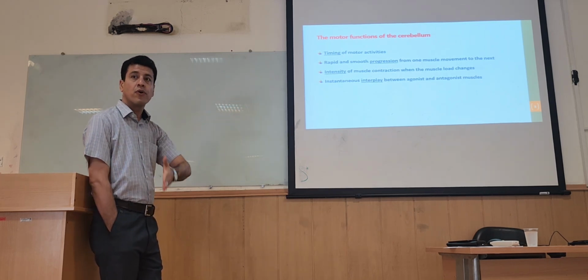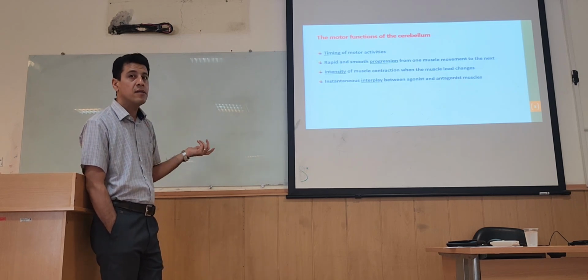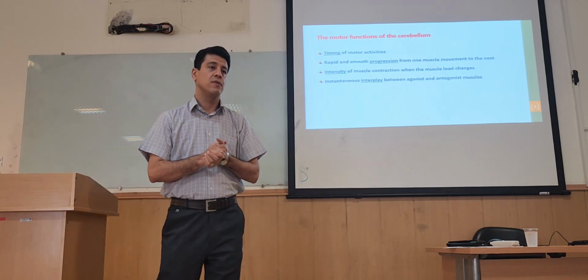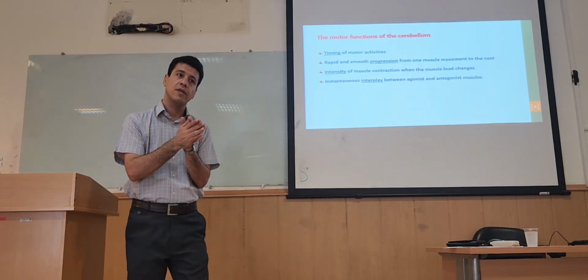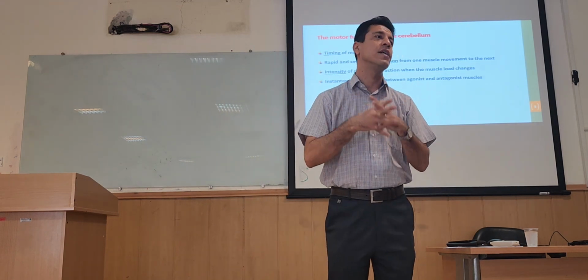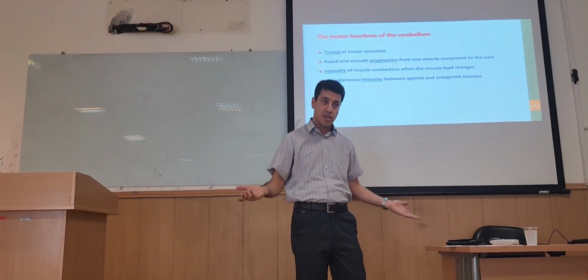Timing, progression from one movement to the next one, intensity of the contraction, and the interplay between the agonist and antagonist muscle. All of these are regulated by the cerebellum. So this way, the cerebellum can cause coordination of motor activity. So if there is damage, coordination is lost.